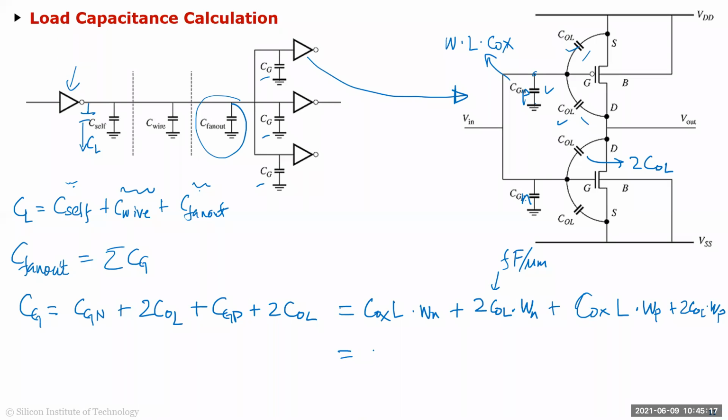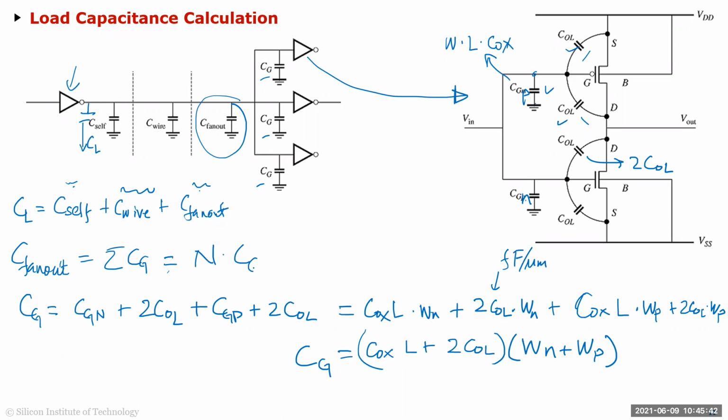Okay, and I can write this as COX times L plus 2COL times WN plus WP. Okay, so this is your total gate cap, right, for one gate. And if you have n gates, then this would be the summation of n gates, so it will be n times CG if you had n of these, right, n fan out.